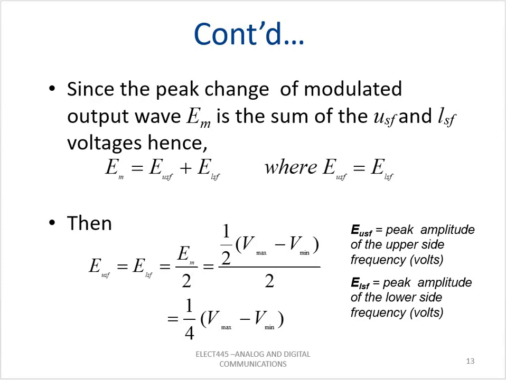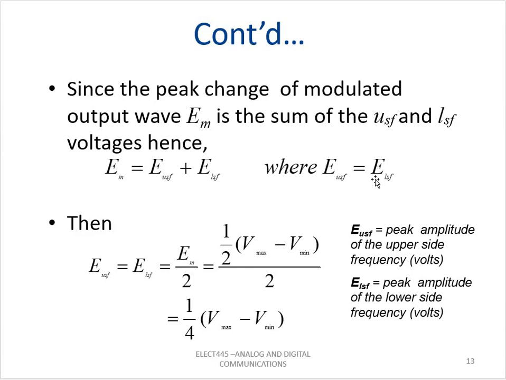Since the peak change of the modulated output wave is the sum of the upper side frequency and lower side frequency voltages, hence Em is equal to E upper side frequency plus E lower side frequency.